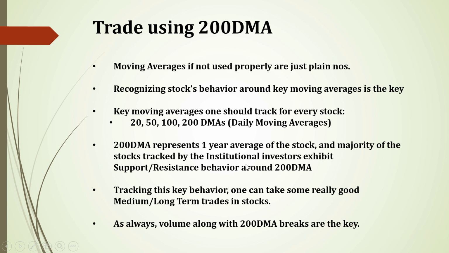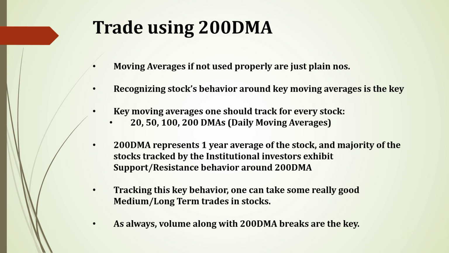So these big guys, these smart guys, smart money, big money, these institutional guys, they exhibit good support resistance behavior around these 200 DMA, because of the way the big guys behave and the amount of importance they give to 200-day moving average. And remember, when I'm saying 200-day moving average, I am only talking about simple moving average, not exponential.